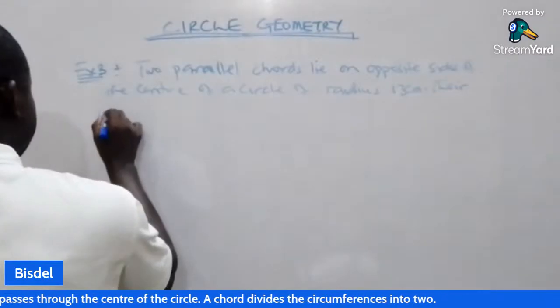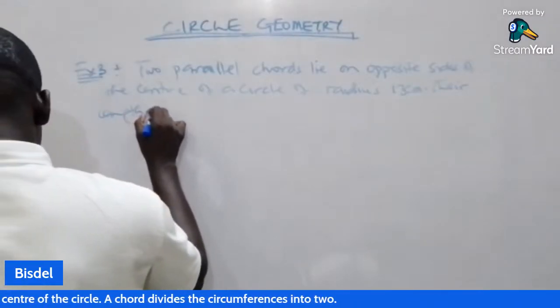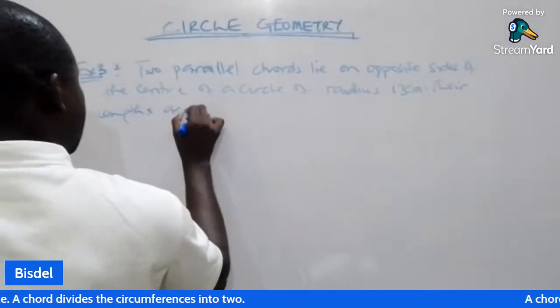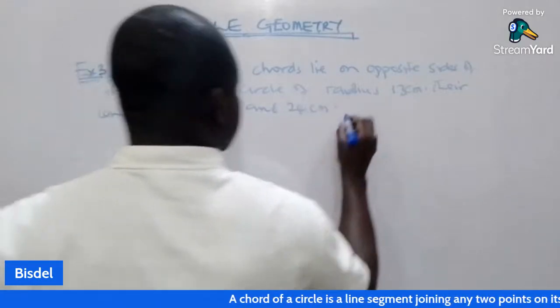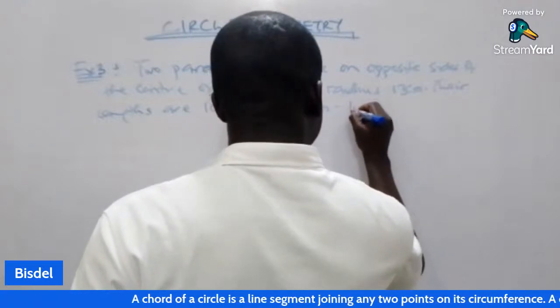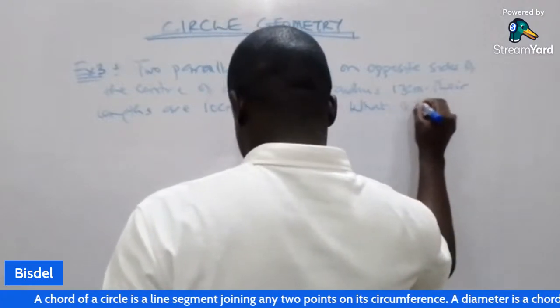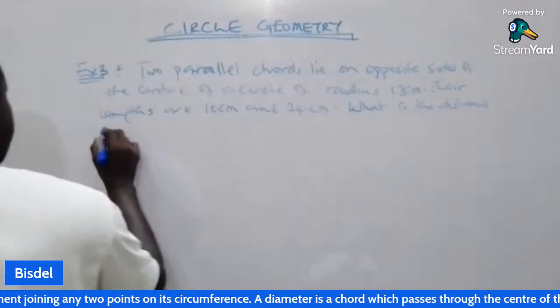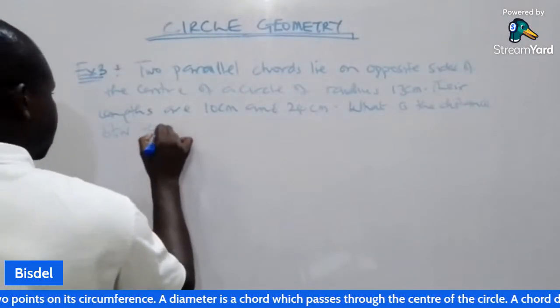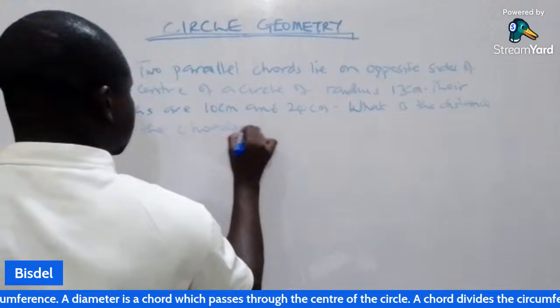Their lengths are 10 centimeters and 24 centimeters. The question now says, what is the distance between the chords? That's what we want to find.